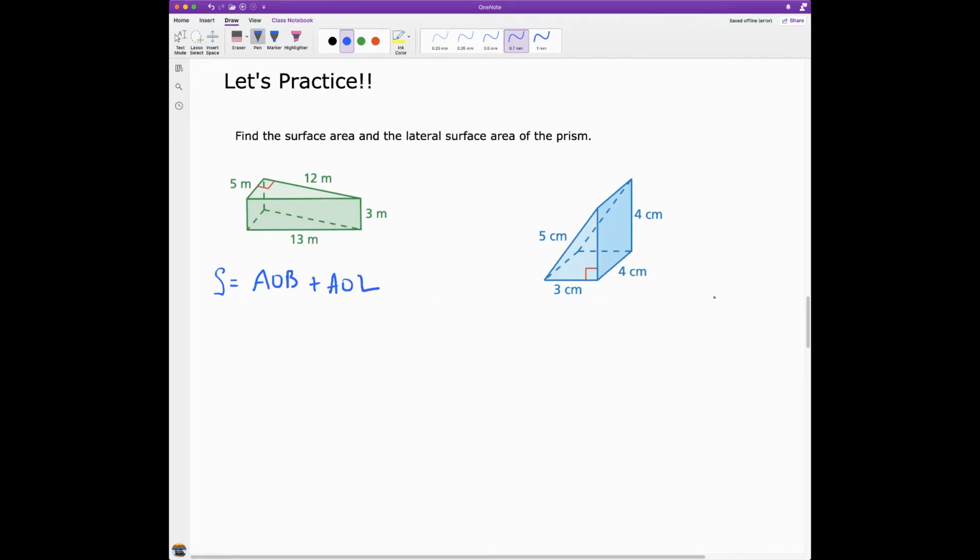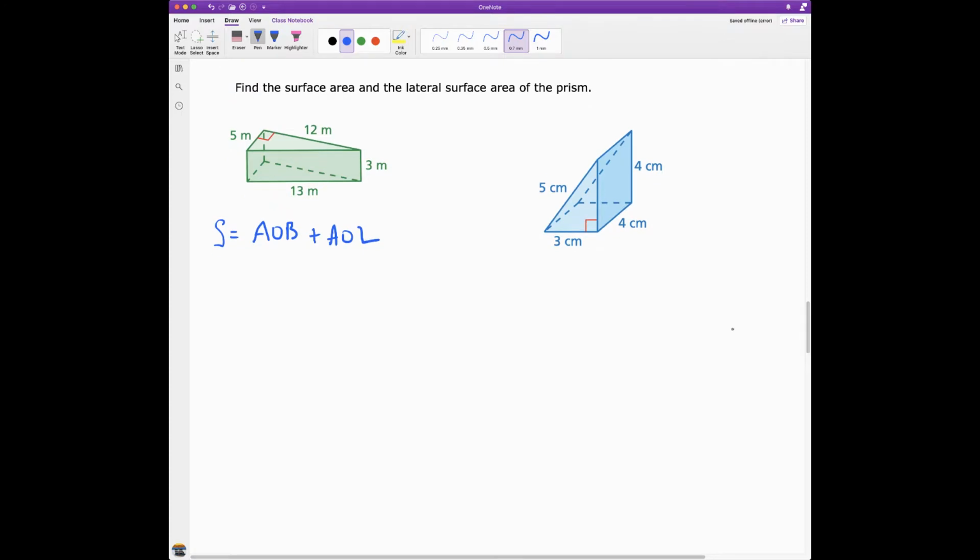Okay, so for the area of the bases, the AOB, remember those are triangles, and these happen to be right triangles. Okay, and what are the measurements? So if I find the measurements of one of the triangles, I've found the measurements for the other one. So I look here. Looks like the base is 5 meters for both of these, and the height would be 12 meters.